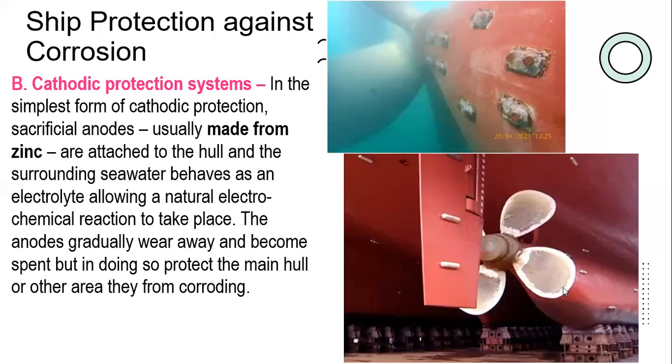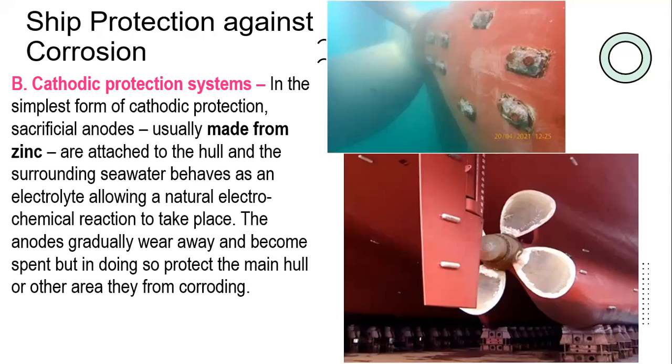Next, for the protection against corrosion, it's the cathodic protection system. In its simplest form, it's cathodic protection or sacrificial anodes, usually made from zinc. Okay, they are attached to the hull and the surrounding seawater behaves as an electrolyte, allowing a natural electrochemical reaction to take place.